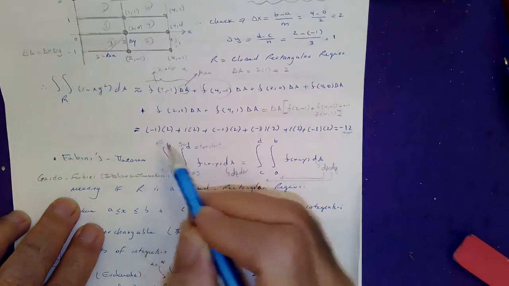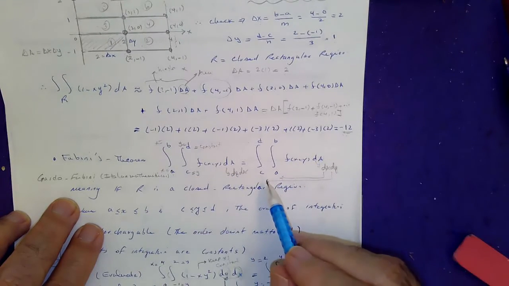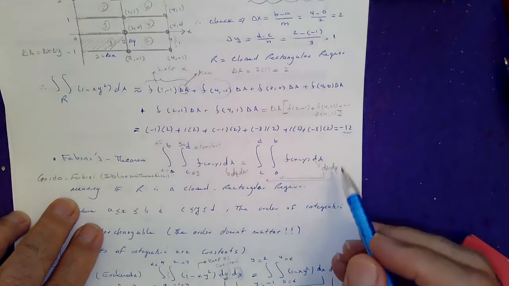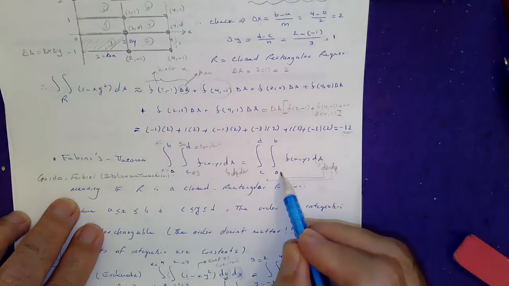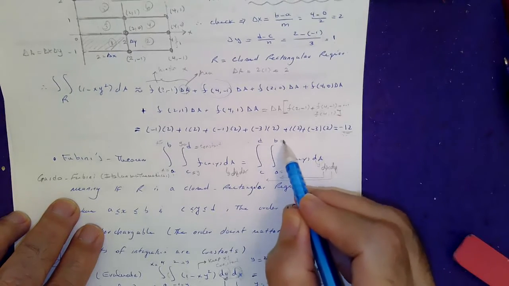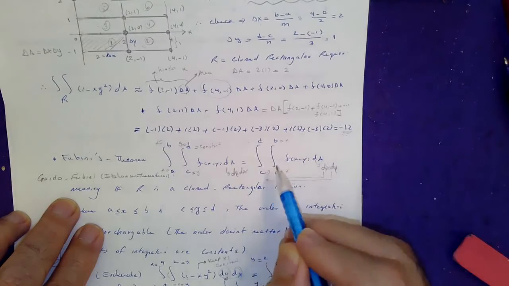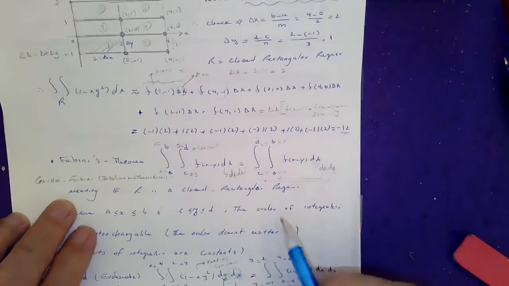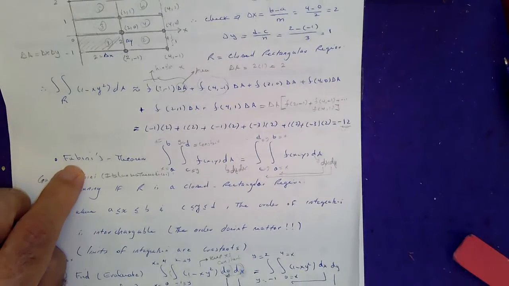A to b. Now if you switch the order of integration, that's what that's called. So you go dx dy, then you gotta go x goes from what? A to b, and y goes from what? C to d. Mr. Fubini proved that what?